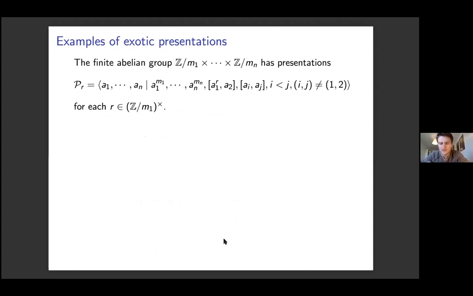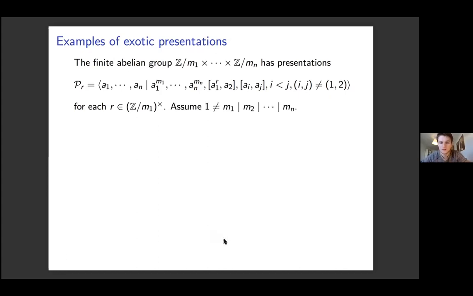Note that for any integer R which is coprime to M1, if I just take R equal to 1, this is essentially the standard presentation for the finite abelian group. So what I'm really doing is twisting this presentation by raising one of the generators to the power of R. It turns out this still gives another presentation.